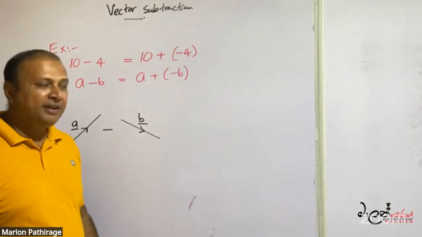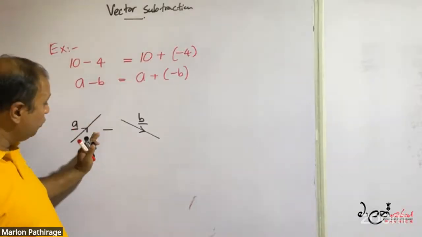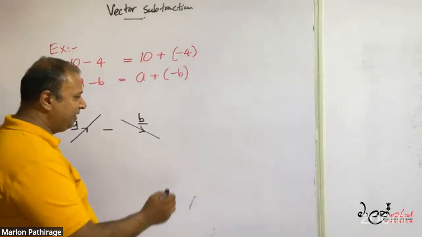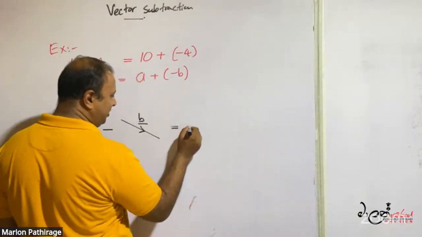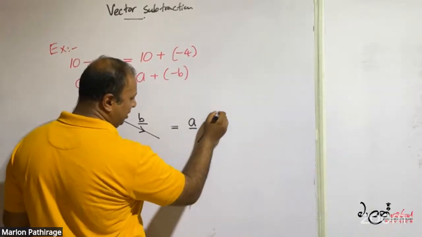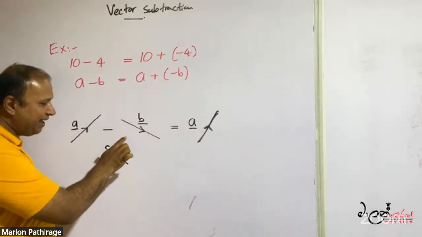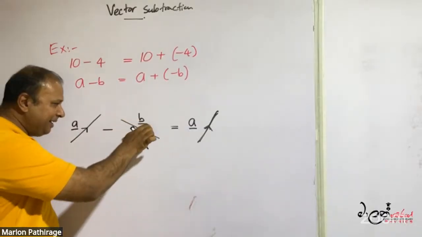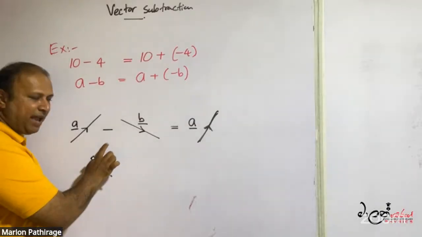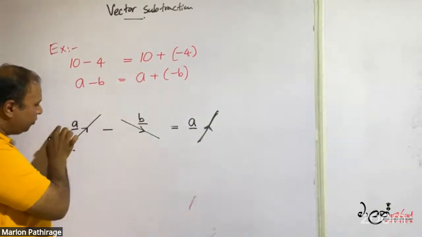Actually, you can convert the subtraction into an addition. How to convert it? You can add the negative vector of the second vector with the first vector.